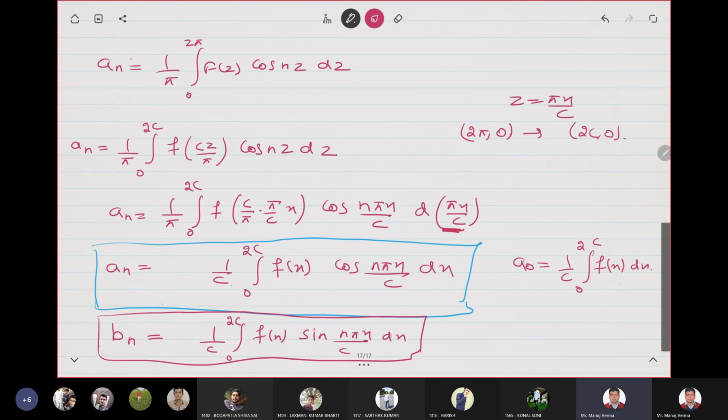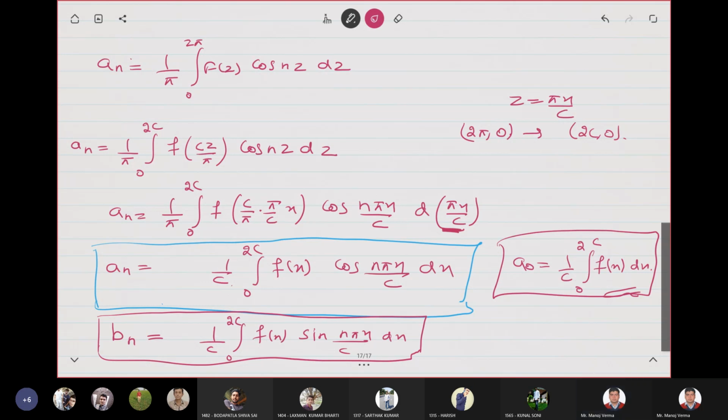So you can see from the original period 0 to 2 pi, we have converted the function. We can express a function whose period is 0 to 2c by calculating Fourier coefficients like these. Next time we will do a simple numerical on this.